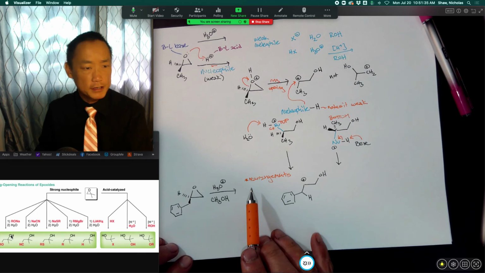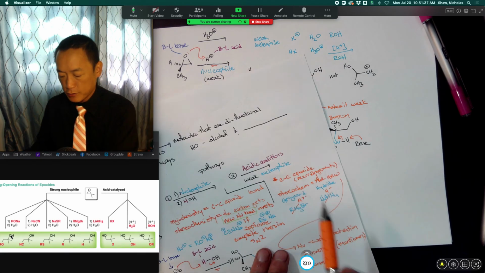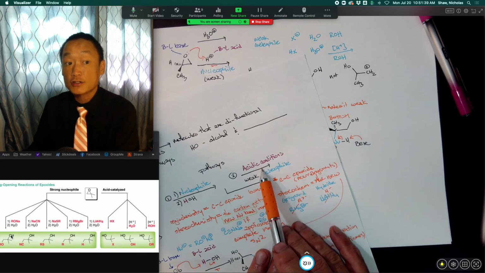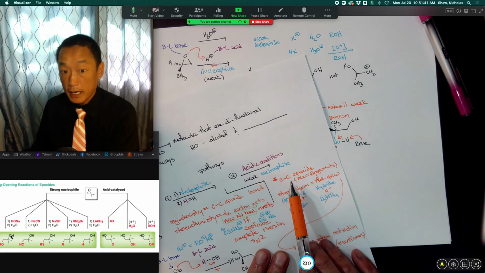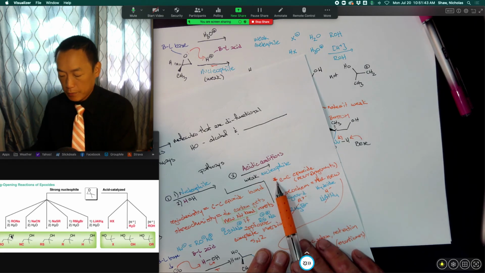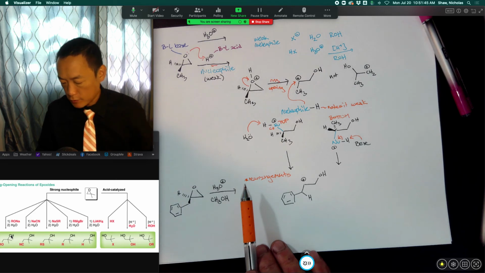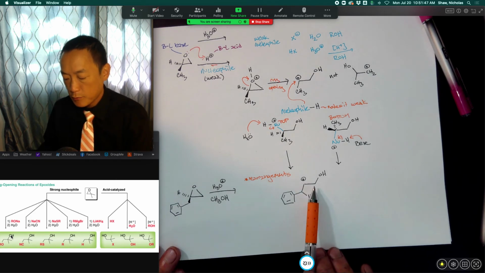I put an asterisk when we looked at the regiochemistry of the acid-catalyzed reactions. Why did I put an asterisk right here? I put the asterisk right here because rearrangements could occur.